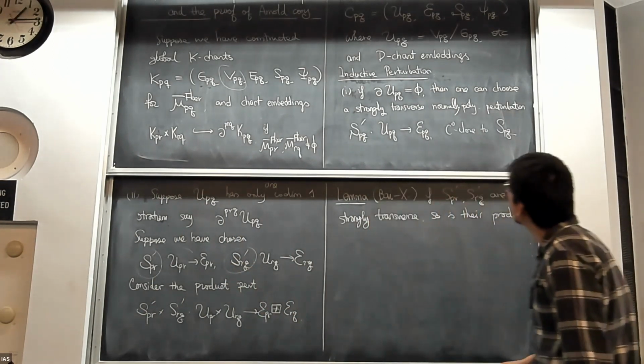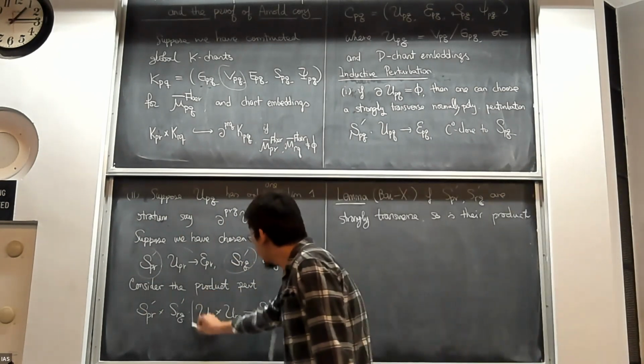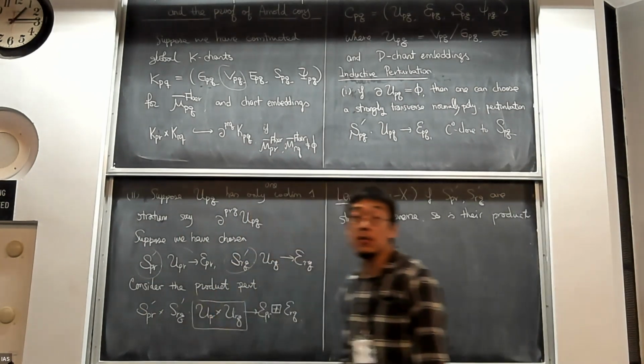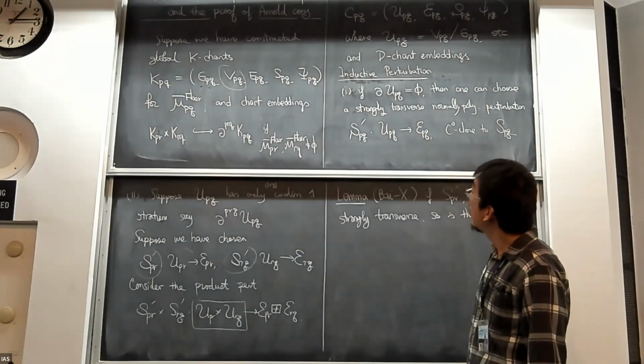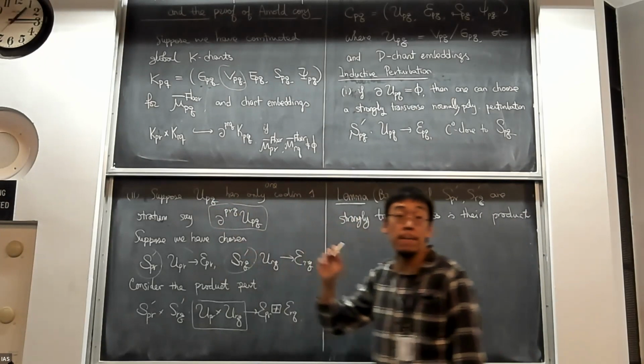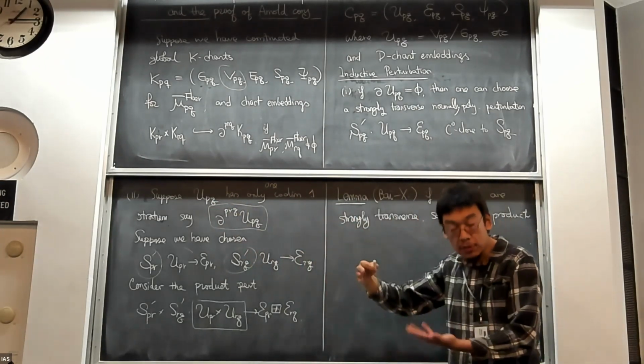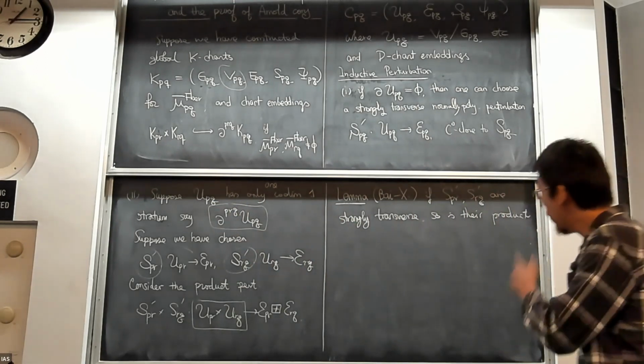So anyways, that's the first thing to notice. And another thing is that this product of charts is not the same as the boundary of this larger chart. They differ by an additional thickening.